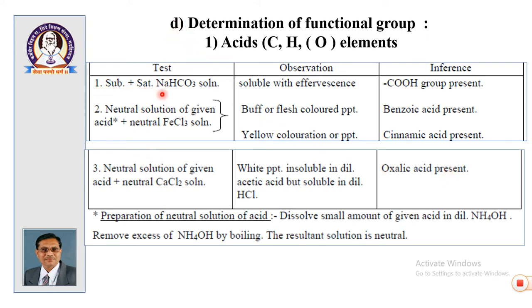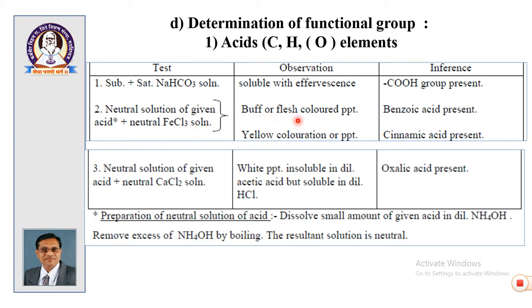So let us consider the test. Substance plus saturated sodium bicarbonate, soluble with effervescence, this is an indication of the COOH group, presence of carboxylic acid group. Carboxylic acid group is present in all these carboxylic acids. So the first test is positive for all acids. Then you are going to differentiate between these three which are in our syllabus. Neutral solution of the given acid plus FeCl3 gives two colors.